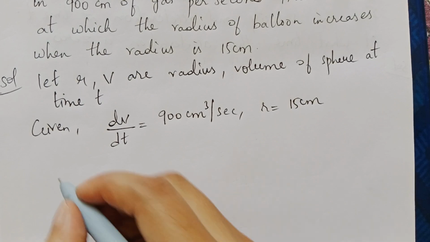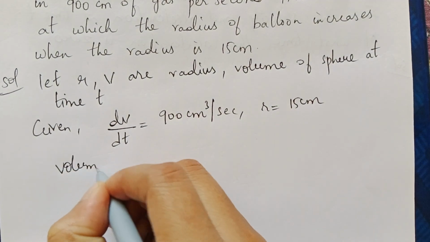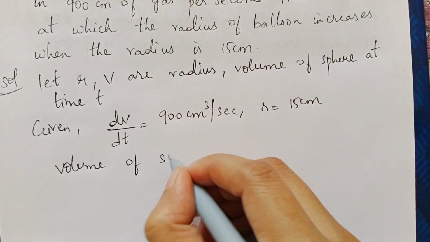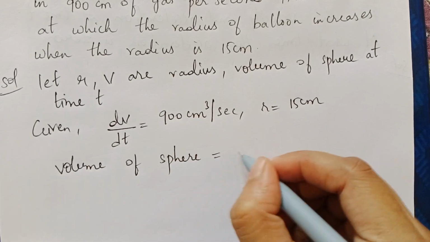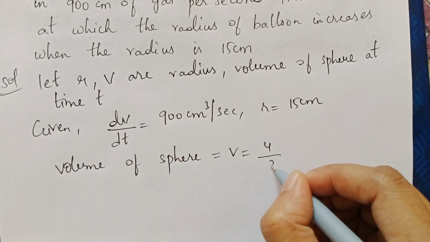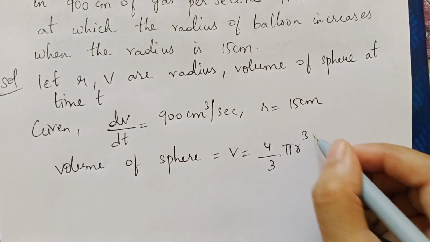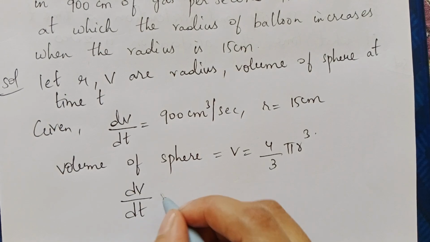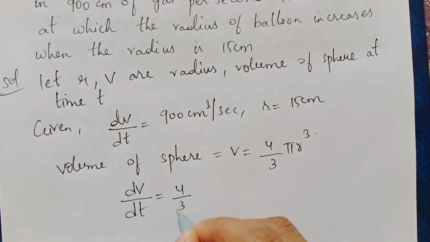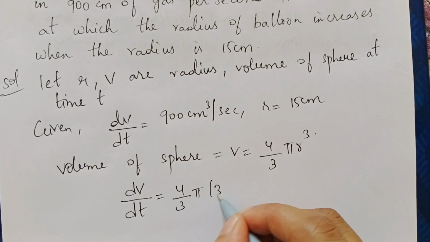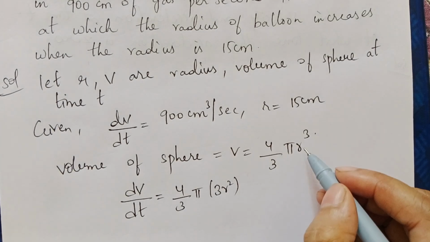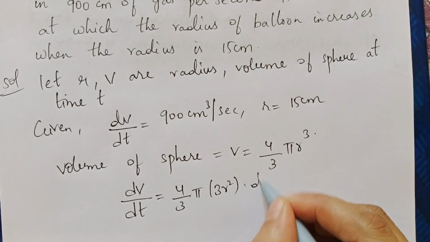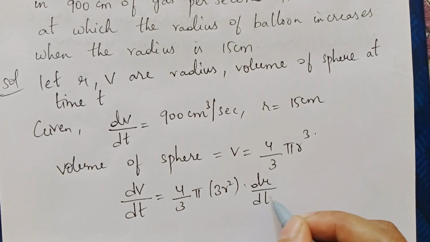Now volume of sphere is V equals 4 by 3 pi r cube. Differentiate, we will get dV/dt is equal to 4 by 3 pi as constant, 3r square will be the derivative of r cube into dr/dt.